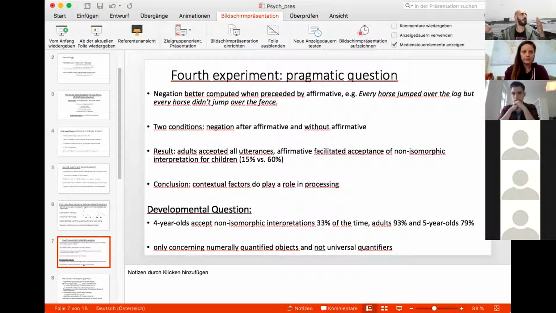Or false? Wait. False. Of course, yeah. False. Because they would have the no-horse interpretation. But then when you give them this contextual facilitation, say every horse jumped over the log, but every horse didn't jump over the fence, then by magic, at least 5-year-olds sort of behave more adult-like, right? Yeah, exactly. Okay, thanks.